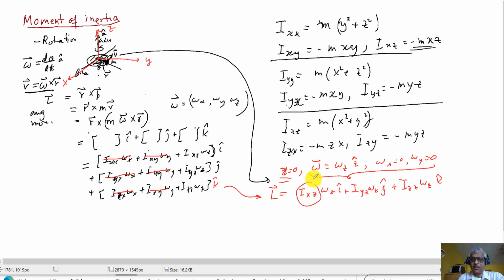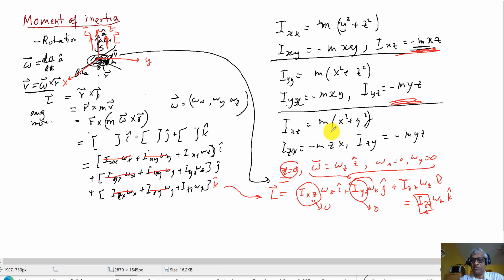Now using z equal to 0, the xz term will be 0, and the yz term will be 0. So here in this example, omega is that way, and angular momentum is that way. So angular momentum is simply I zz omega z k hat. This is quite easy to get.